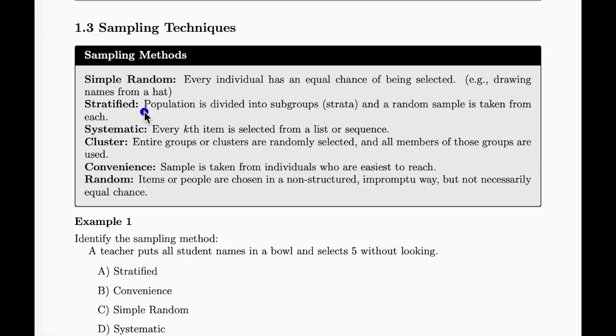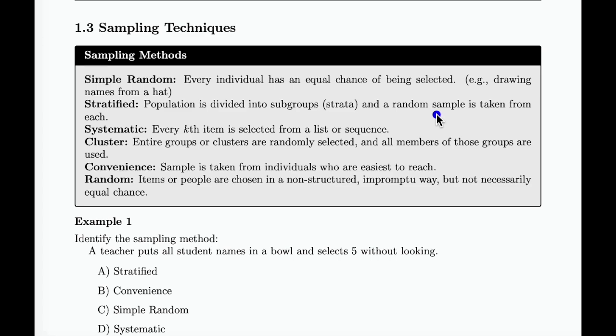Stratified is where you take the population and you divide it into subgroups. So every item in the population is in some kind of subgroup, and those are called the strata. And then you take a random sample from each of those groups. So, for example, maybe I have a population of students, and I want to make sure I have an equal amount of males and females.